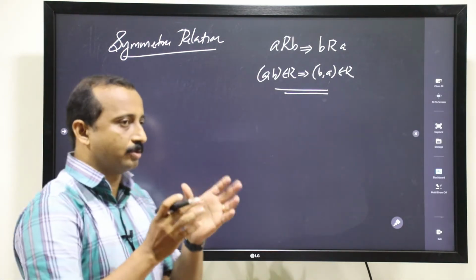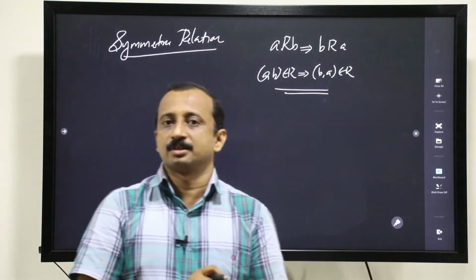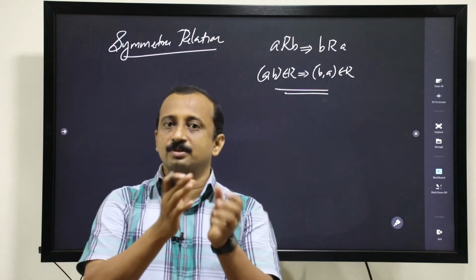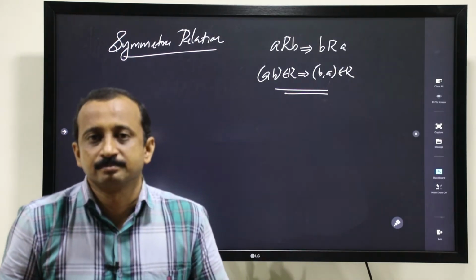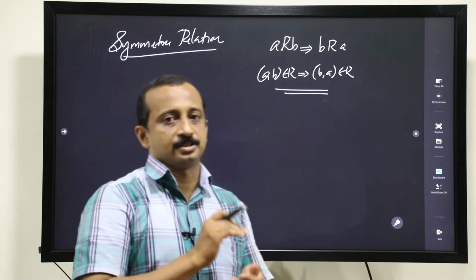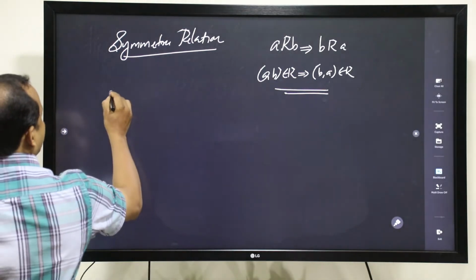എ ബി എന്നുള്ള ഓർഡർ പെയർ റിലേഷനിൽ കണ്ടെയ്ൻ ചെയ്തിട്ടുണ്ടെങ്കിൽ ഓട്ടോമാറ്റിക്കായിട്ട് ബി എയും അതിൻ്റെ റിവേഴ്സ് ഓർഡറായ ബി എയും കണ്ടെയ്ൻ ചെയ്യണം. ദാറ്റ് ഈസ് സിമെട്രിക് റിലേഷൻ. Let me suppose we take an example.